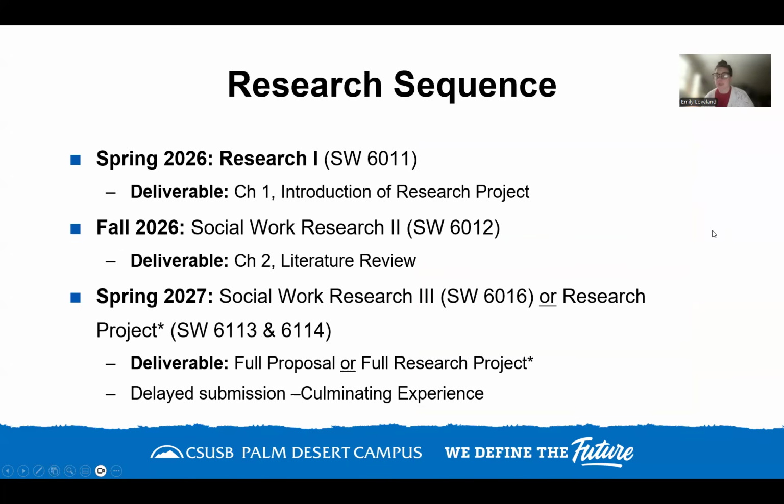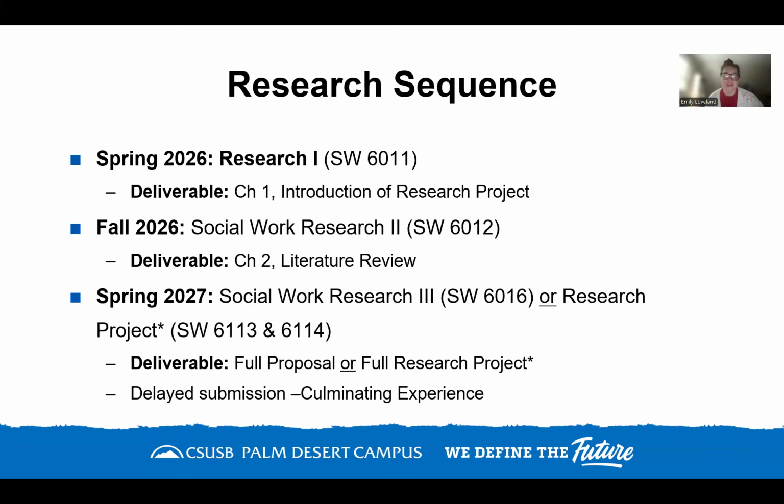So I want to start off by just explaining the research sequence. You're in research one, so there's also a research two and a research three. And what's important about research is that it ends with the development of your final thesis, your master's thesis, which is a research proposal or a research project, depending on how ambitious you are and how dedicated you are to completing and collecting and analyzing data, which is completely unnecessary.